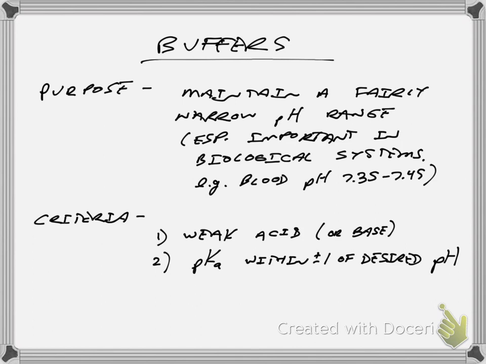And of course, pKa simply means the negative log of the Ka. Ka we saw in our introduction to acids. It's the acid dissociation constant, which is equal to the concentration of the H plus ions times the concentration of the anion divided by the concentration of the acid itself. And so a very strong acid will have a high Ka because there will be a lot of H plus ions in solution, and a weak acid will have a very low Ka.